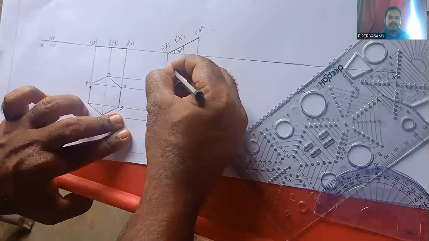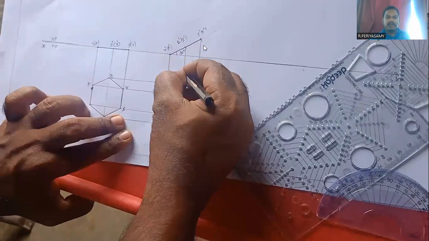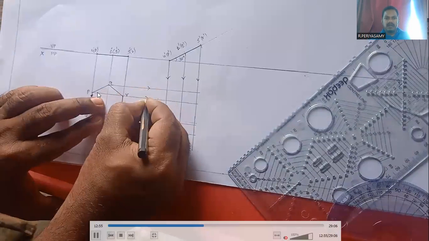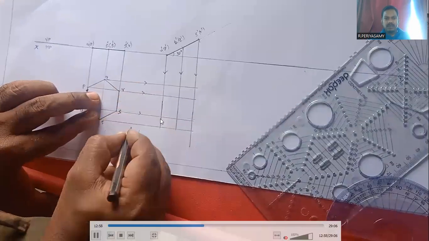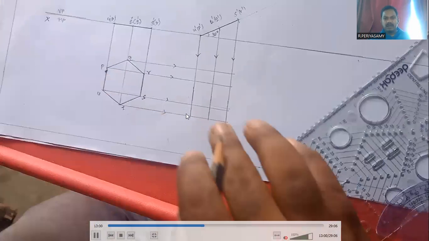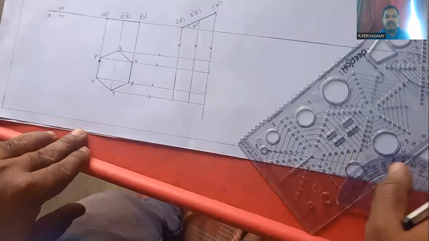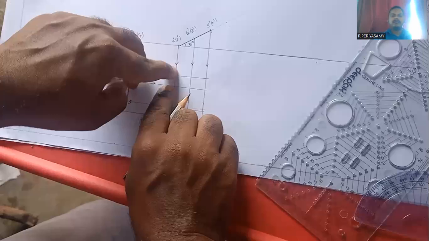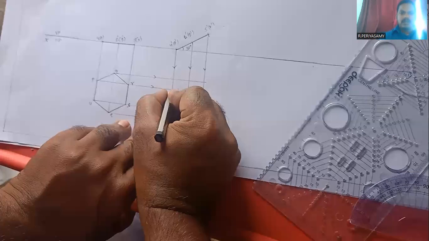Here P line is there. The front view points are drawn in the downward direction. These top view points are drawn in the rightward direction. Now we join the corresponding points.